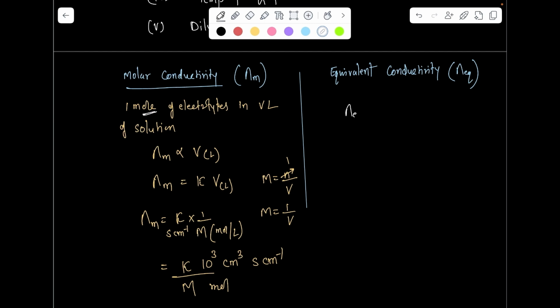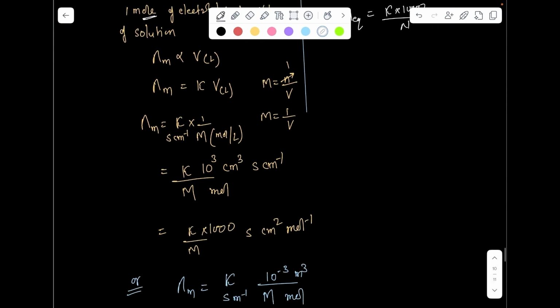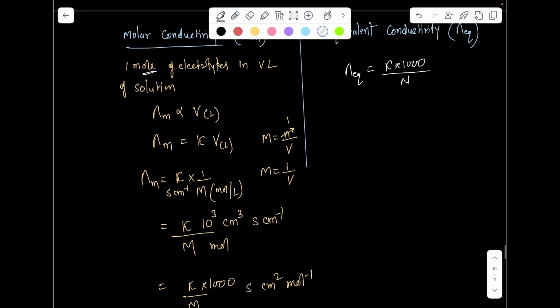So here the equivalent conductivity would be equal to kappa into 1000 by normality. Here the unit should be, instead of moles, we will write the equivalent moles. So it becomes Siemens meter square equivalent moles. And it could be the kappa by 10 to the power 3 into normality, Siemens meter square equivalent moles.